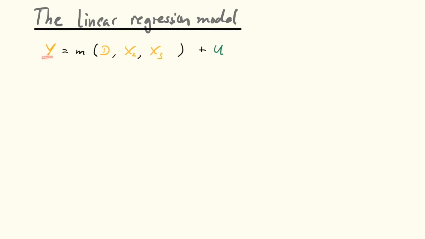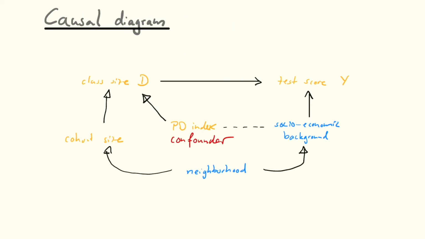All these orange-colored variables are observable. What do they correspond to in our example? Our outcome y is given by the test score. Treatment D is given by the class size. The PD index is our first confounder. Let's call it x2. And cohort size can be another confounder.